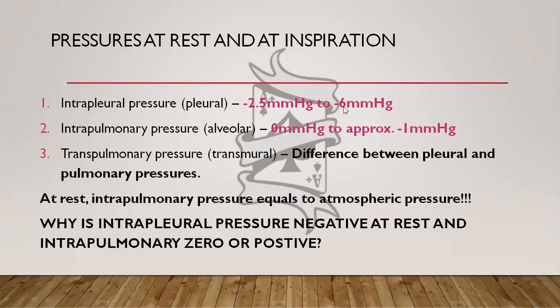Intrapleural pressure, for reasons that I'm going to explain now, is going to be reduced to -4 at rest. But again, regardless of whether the pressure is 0 or -4 at rest, it doesn't matter, because all that facilitates breathing is a reduction in the pressure and an increase in the pressure. That's what gets air flowing.